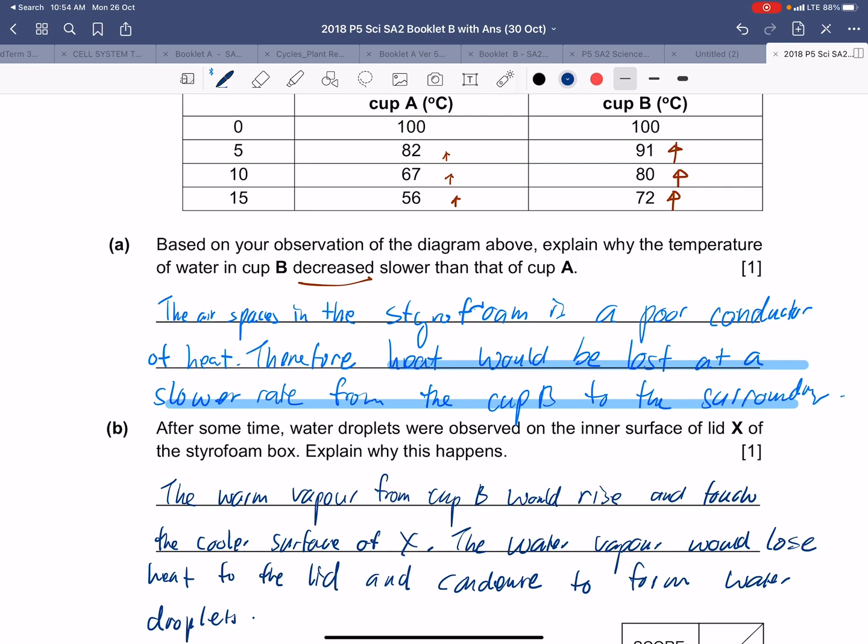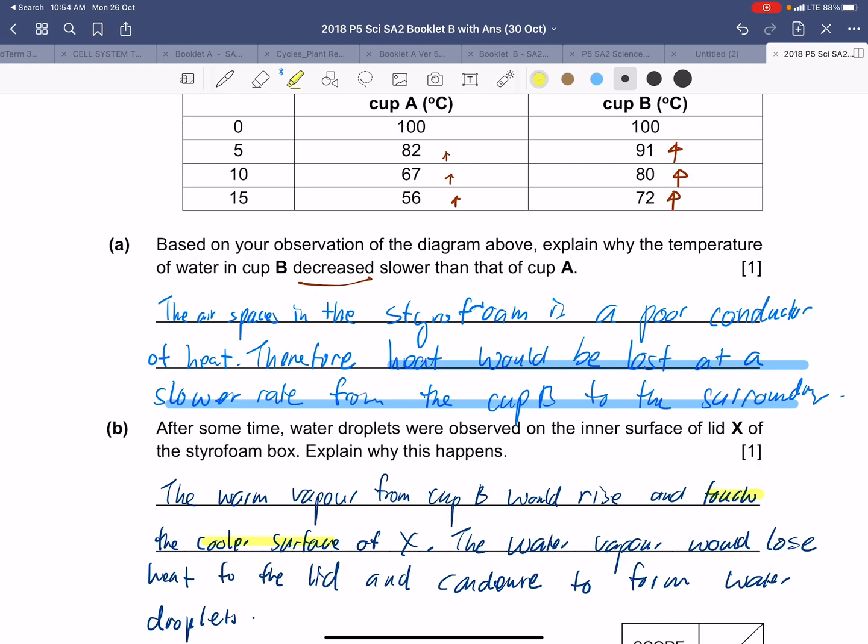I know you may think, oh, it's only a 1 mark. Why do you write so much, right? But this is the standard answer when it comes to condensation. So I really need you to memorize this and remember, we always talk about a few things. What are the few things? We always talk about touching a cooler surface, very important, because without this cooler surface, there is no temperature difference.